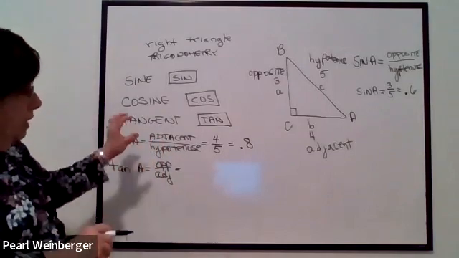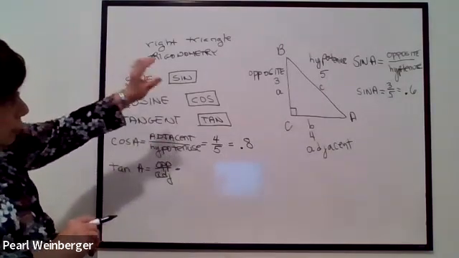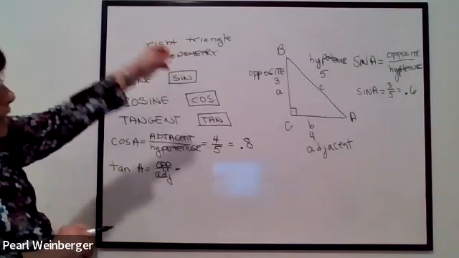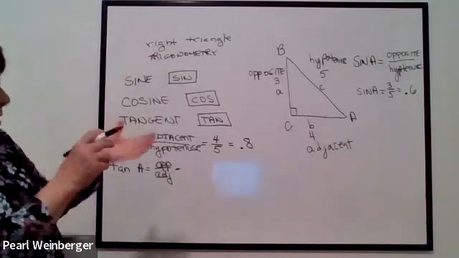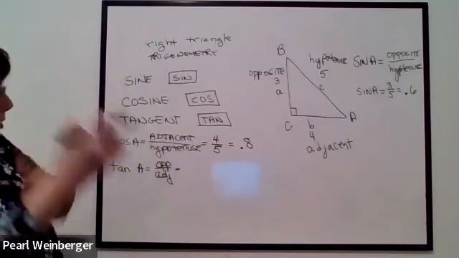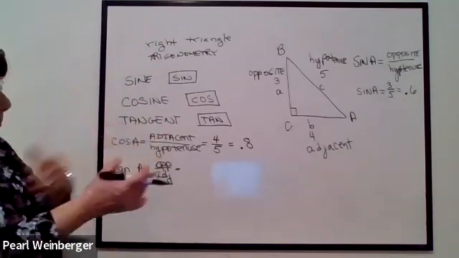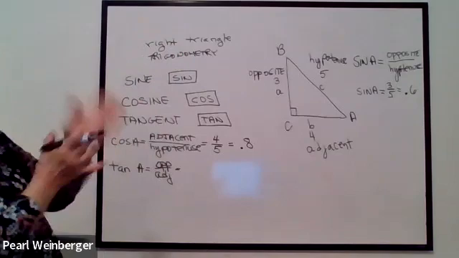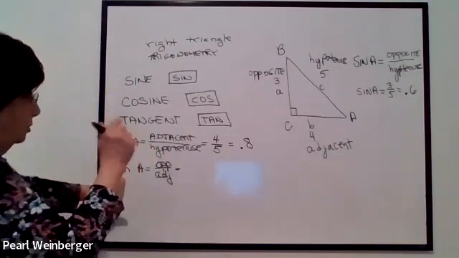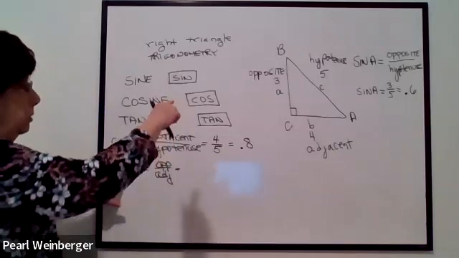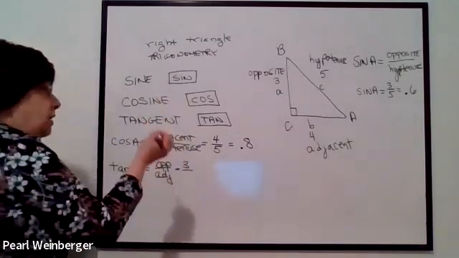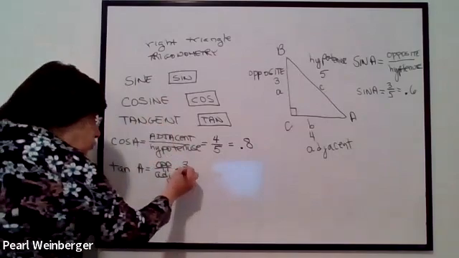Again, you notice how each one of these values is taking two of the sides. So you could take the opposite with the hypotenuse, you could take the opposite with the adjacent, you could take the adjacent with the hypotenuse. So therefore you get these 3 different values. In this case, the tangent of A is going to be the opposite side, which is 3, divided by the adjacent side, which is 4.